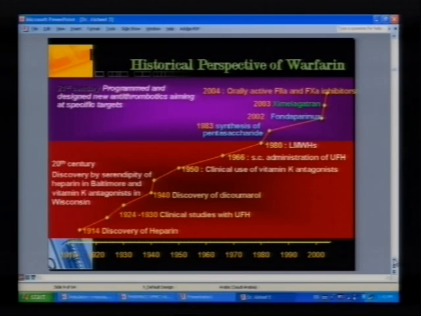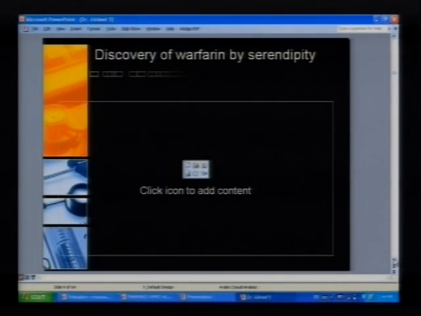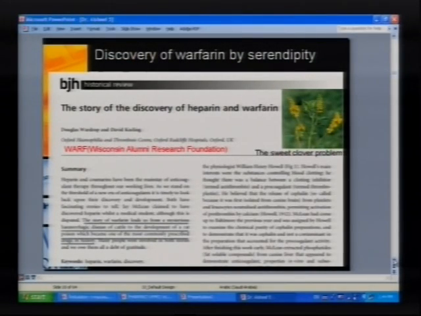Serendipity is by chance, but not just any chance; the definition of serendipity is a fortunate discovery of new information. Then low molecular weight heparin was introduced 30 years ago, in 1980, and now we have the new anticoagulants. And this is the story of the discovery of heparin and warfarin. It was the sweet clover problem.